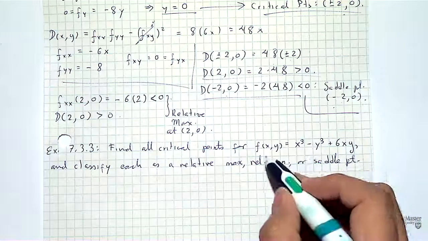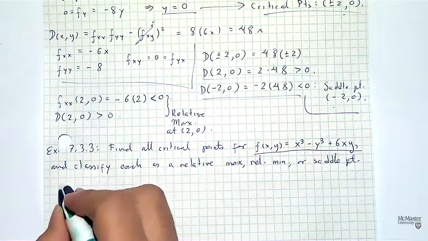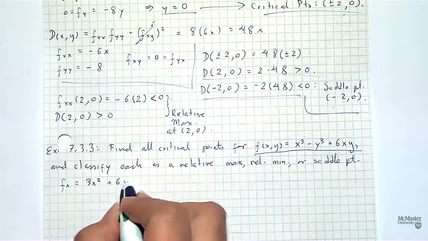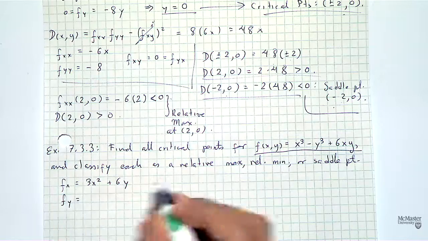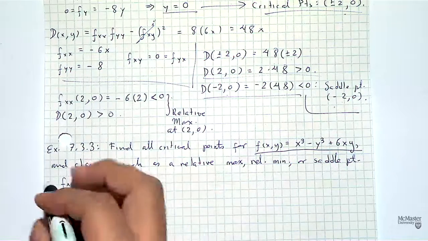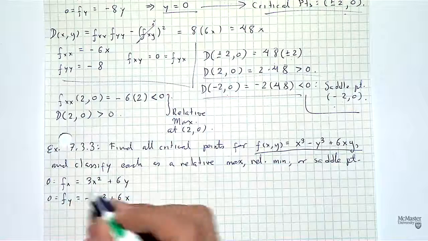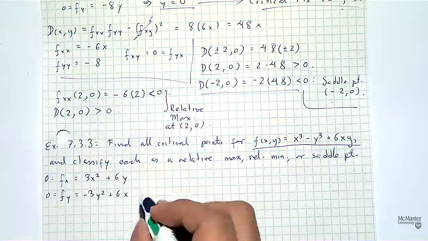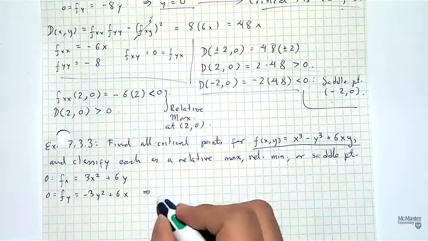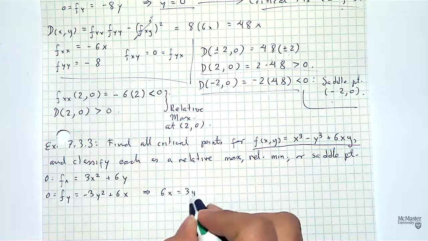So, well, remember this function. We start evaluating fx is equal to 3x squared plus 6y. Fy is equal to minus 3y squared plus 6x. If this is equal to 0, in order to find the critical point, you can pass, for example, this one, right? So 6x is equal to 3y squared.